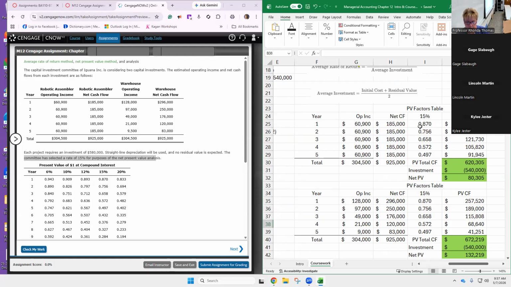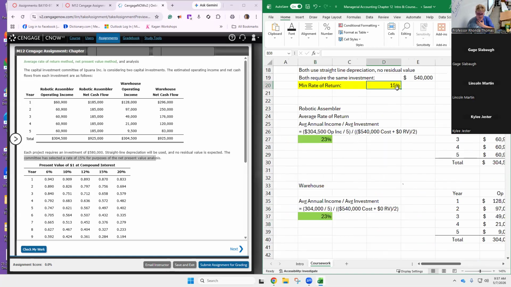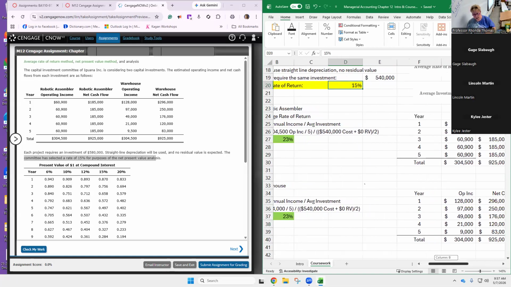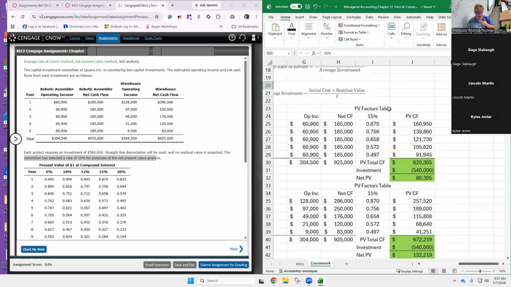So what I want you to do is look at your minimum rate of return. Mine is 15. I don't know if we have the same one or not, but that's the number we're going to use to look up on this table. So I put 15%, and it applies to both investment opportunities.